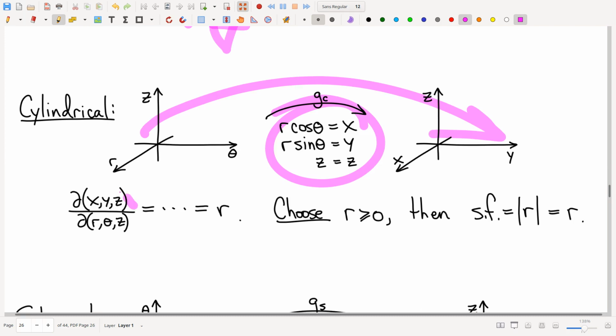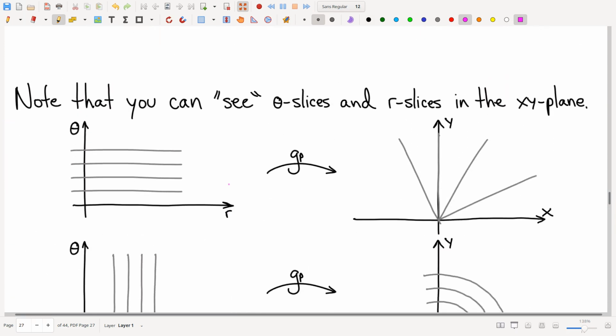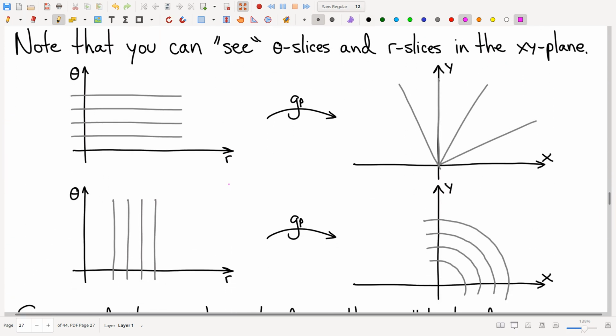We've computed our stretching factor. Again, just r, right? And so now we just need to do the same thing, in particular, recalling that we saw polar slices, r slices and theta slices. We saw what they look like in the xy plane.